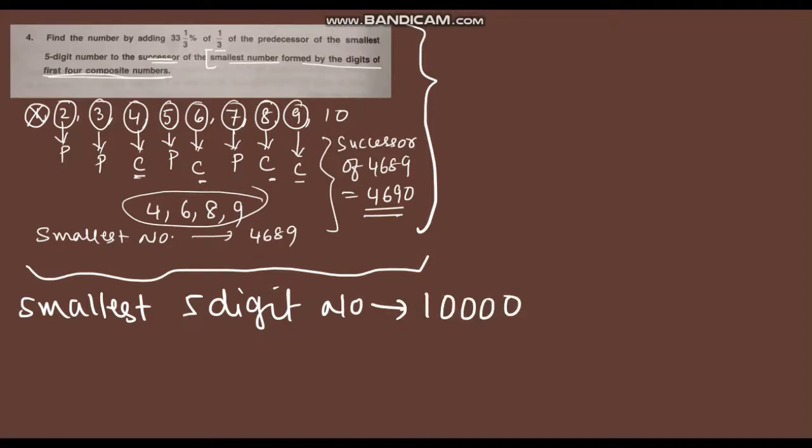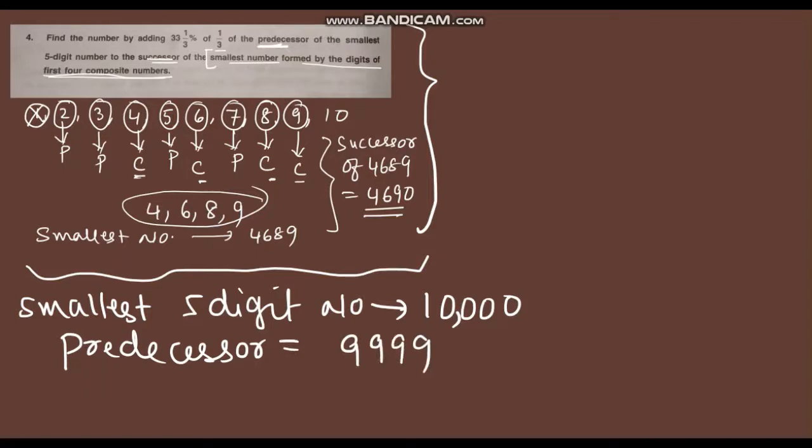That means 10,000. It is your smallest 5-digit number. Now what will be the predecessor of the smallest 5-digit number? So predecessor will be 1 less than 10,000, that is 9,999.